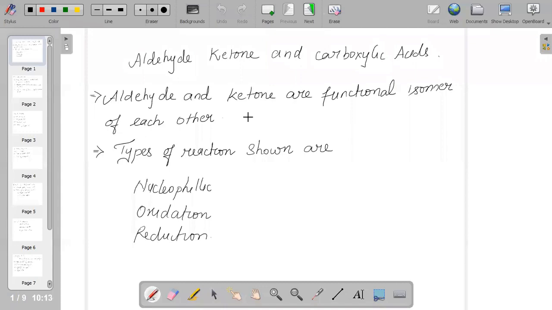There are certain properties of aldehyde as well as ketone. If we look at the structure, there are multiple bonds.